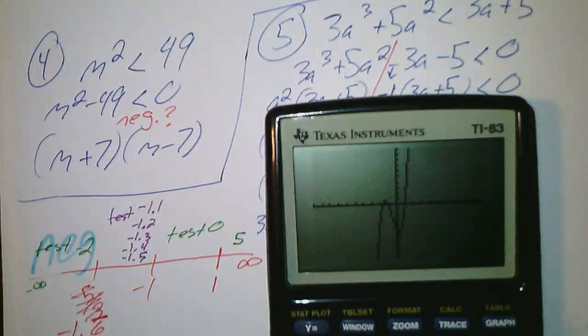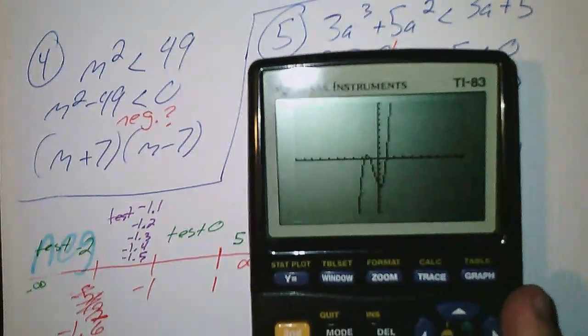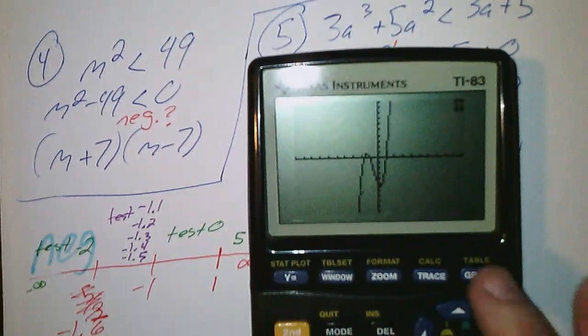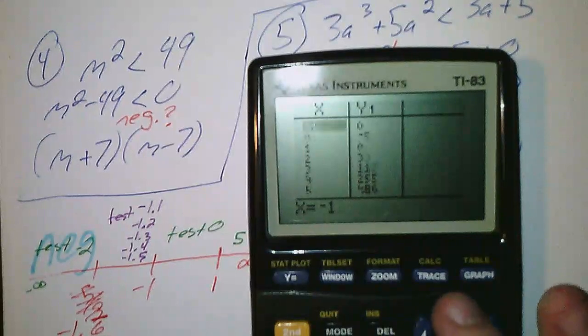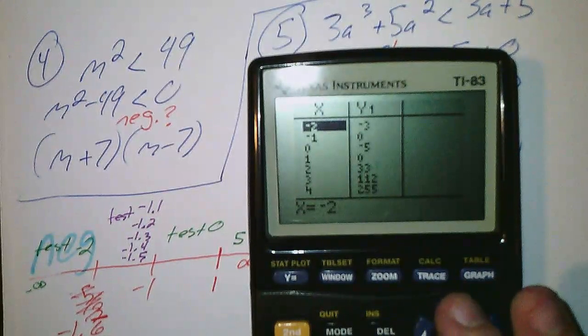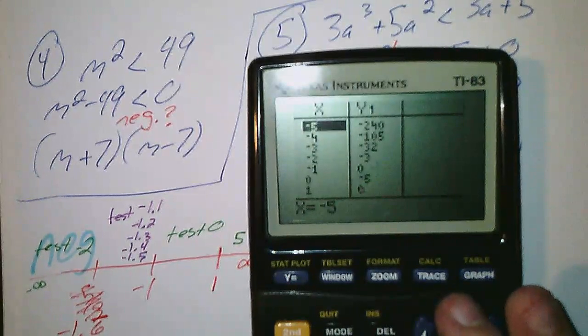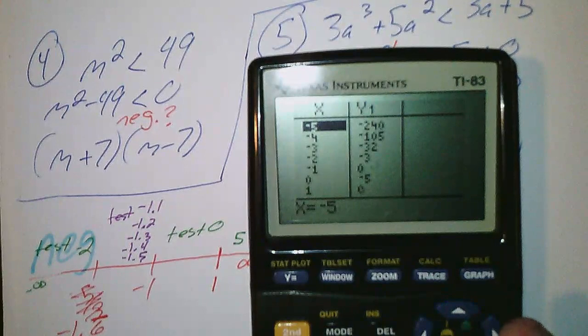But again, I wanted to show you the table. So let's go to the table and let's test. Anything like negative 2 gives us a negative value. Anything to the left of negative 2, like negative 3, negative 4, negative 5, these are negative values.